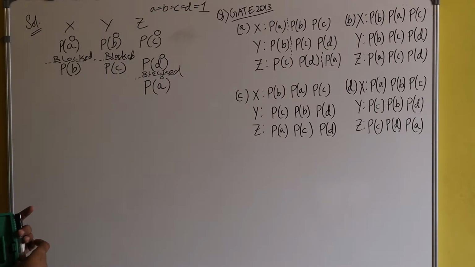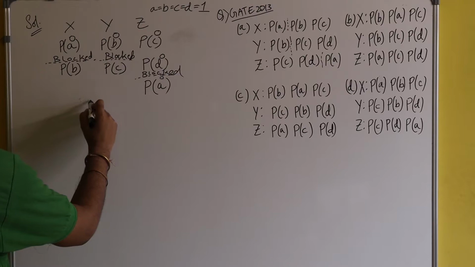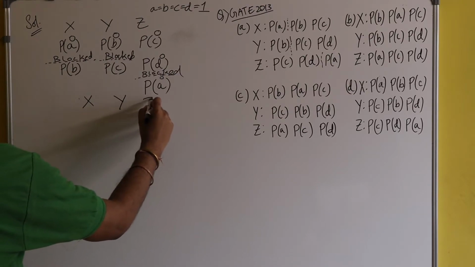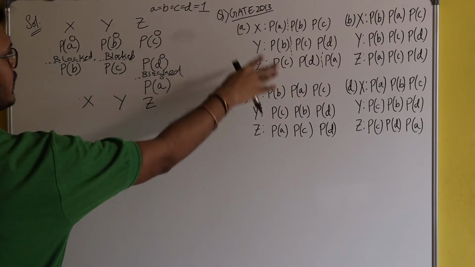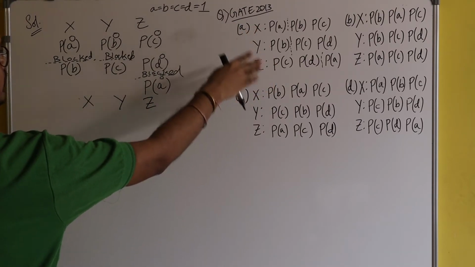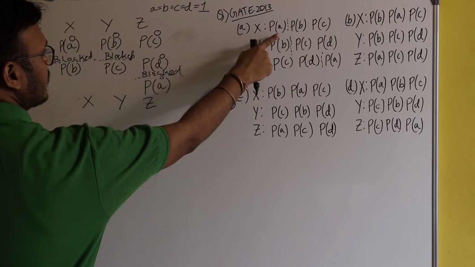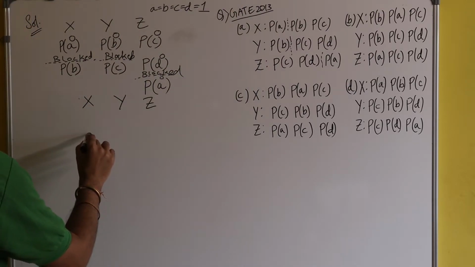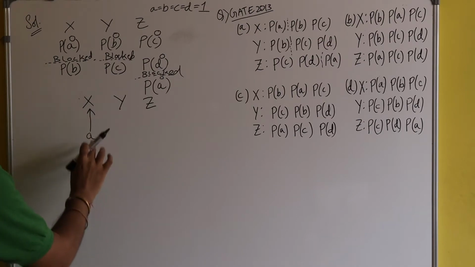Or you can also think of this in this way. Just see, there are 3 processes X, Y and Z. Suppose process X has successfully executed the line PA.